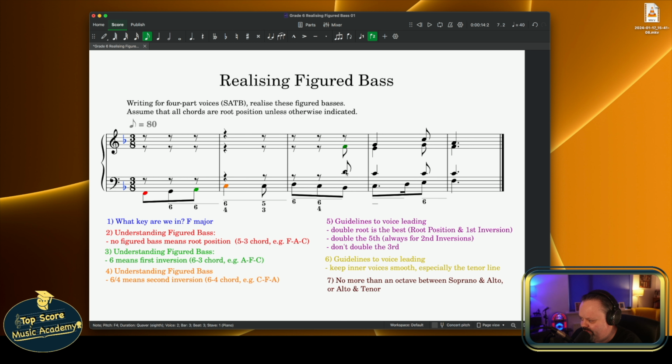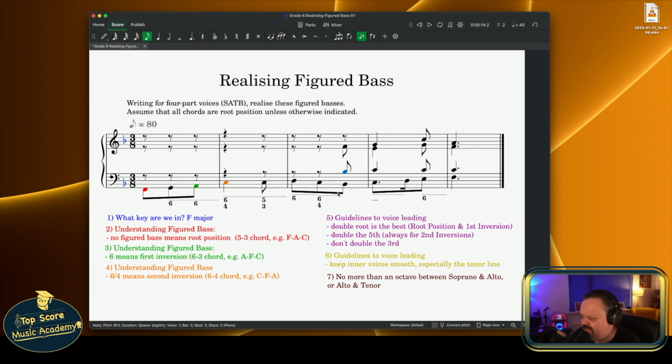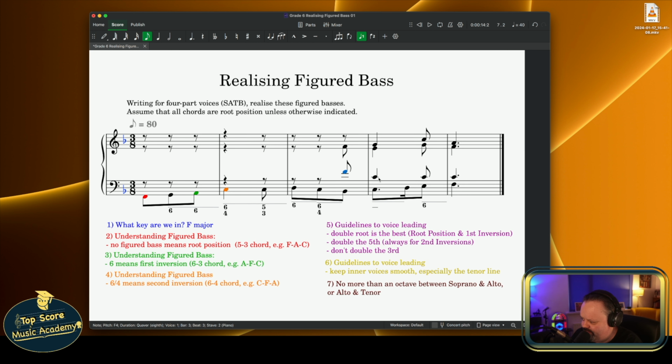I can't put my B flat there in the tenor line because then I end up with consecutive octaves between these notes. Okay, so that's your parallel octaves. We can't do that. And I wouldn't want to maybe do an F because it's a bit of a leap up, or this F, it's a bit of a leap down.